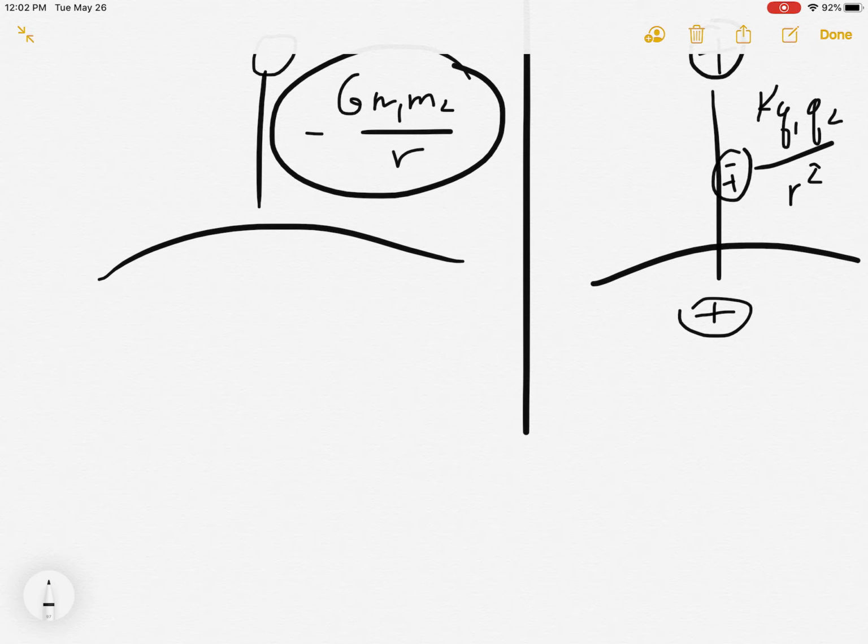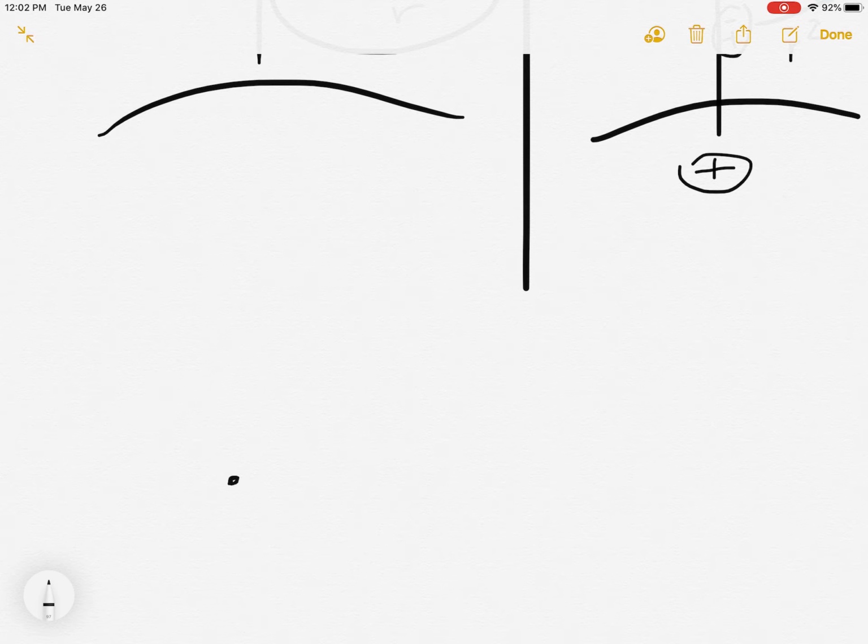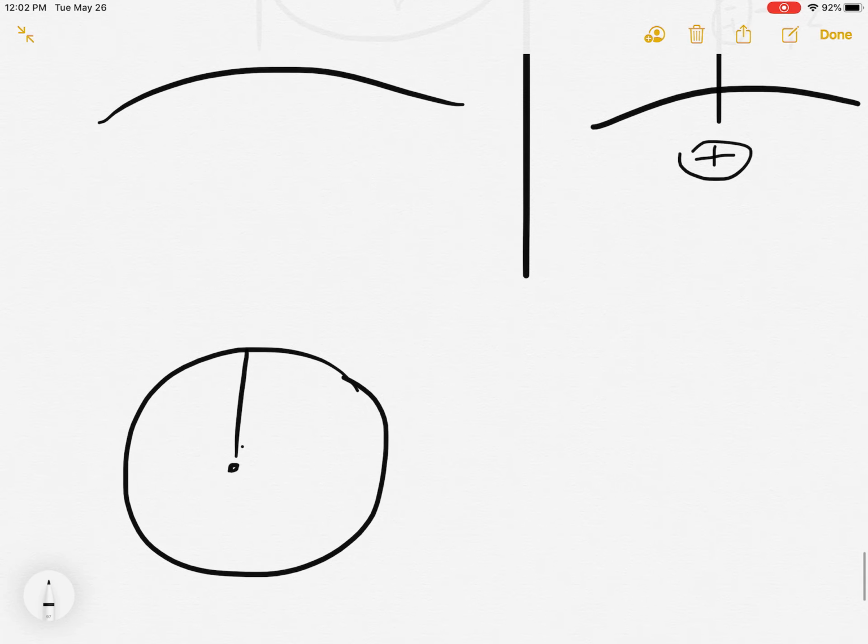Now, when we move things above and below the Earth, because with gravity, we have this magical spot. We have this radius of the Earth, and we call this the Earth's surface. And that's where all of our action happens, right? So what we were able to do is modify the energy equation.